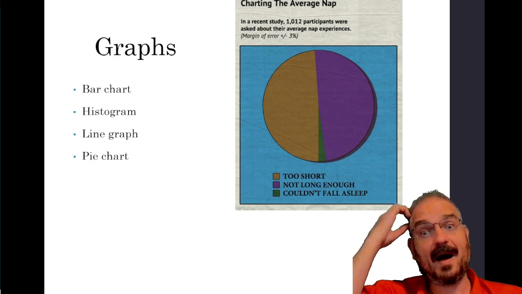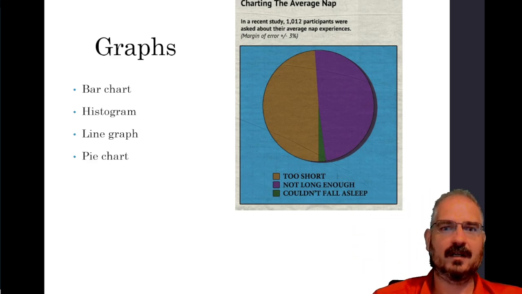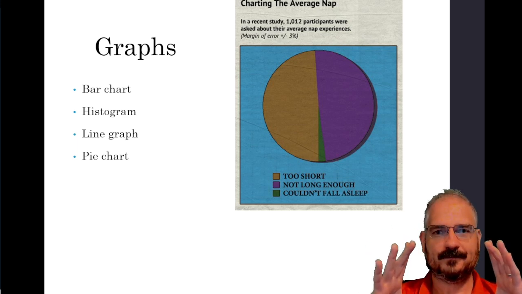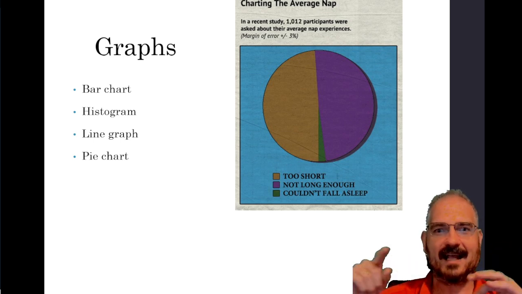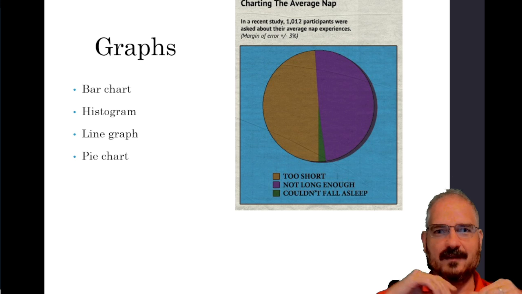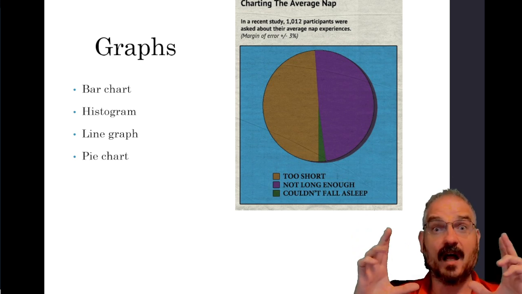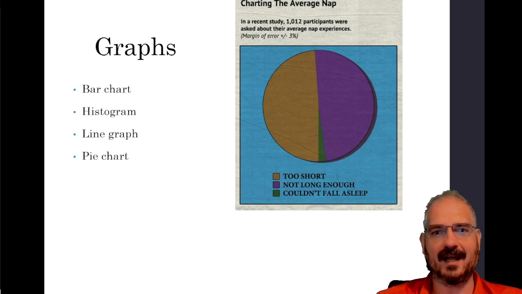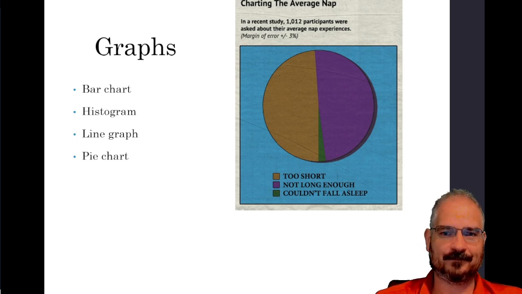And then finally, there's the pie chart. The pie chart, with an example here on the screen, is just a circle. And then you divide that circle into different chunks, usually different colors, different size slices of that pie. And these are almost always used to show data for percentages, right?